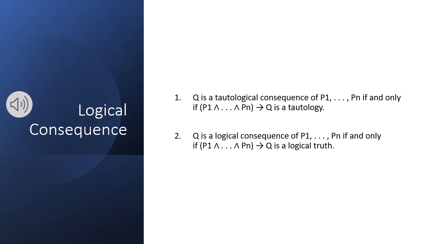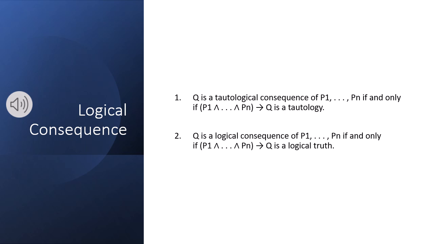Now, the proof is not too bad and fairly straightforward. Let's first suppose that P1 through Pn arrows Q is not a tautology, right? So what happens in the case that that conditional statement is not a tautology? Well, if it wasn't a tautology, there would be some place where it got marked with an F in our truth table. And the only way a conditional can be marked with an F, if we think back to the way we introduced it, is if that conjunction of P1 through Pn is true and the Q is marked as false.